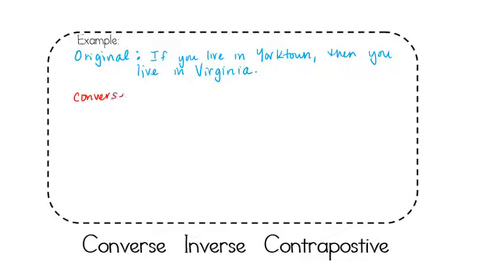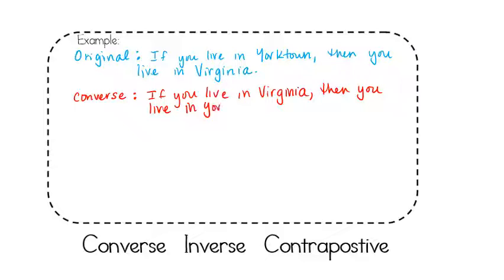We just switch the hypothesis and conclusion. So we're going to put if the conclusion. So if you live in Virginia, then you live in Yorktown.